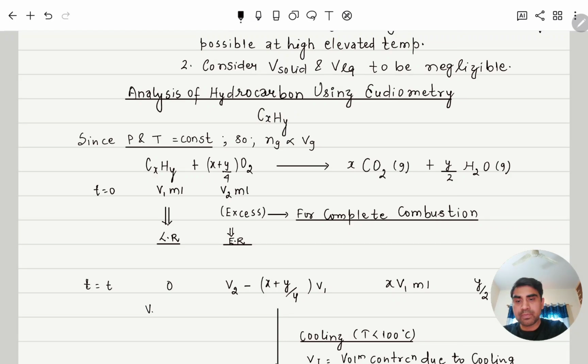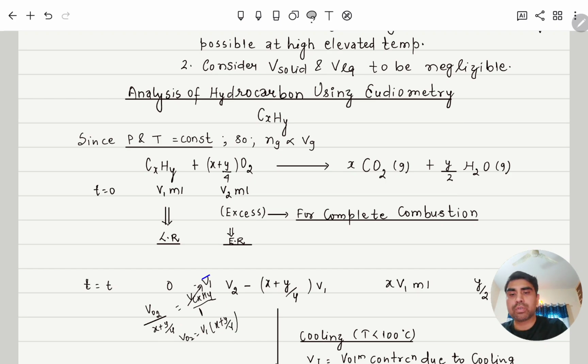So volume of O2 divided by its stoichiometric coefficient x plus y by 4 is equal to volume of hydrocarbon CxHy divided by 1, and this volume is V1. This means the volume of O2 consumed is V1 into x plus y by 4.